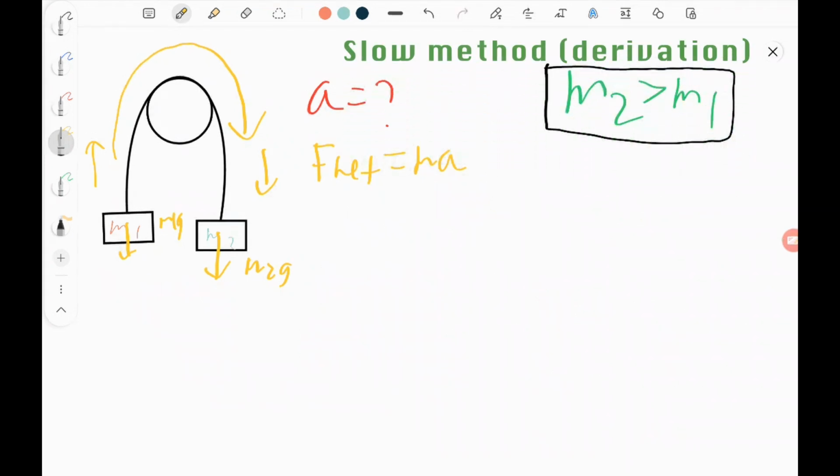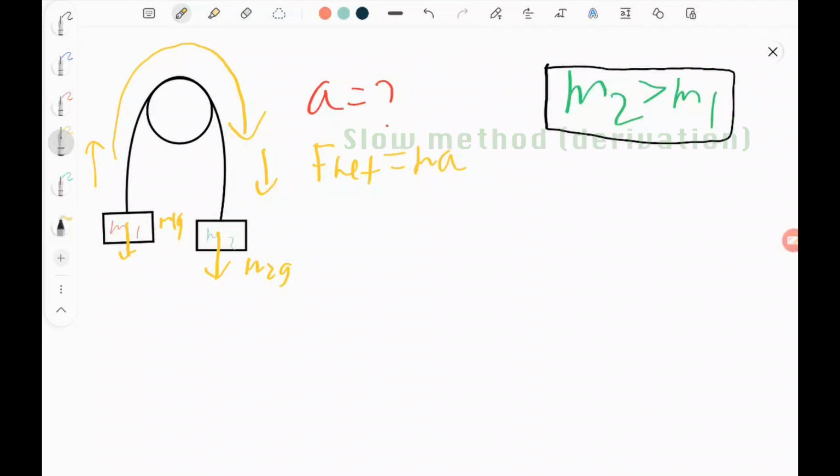So how can we derive the equation for the acceleration? Let's look at each block individually like before, starting with M1. So we know that obviously we have a string here which provides an upward tension force acting on block 1 that causes it to accelerate upward, as shown in the diagram. So we're going to take upward to be our positive direction in this case, because we want our positive direction of the acceleration to be in the direction in which the object is accelerating.